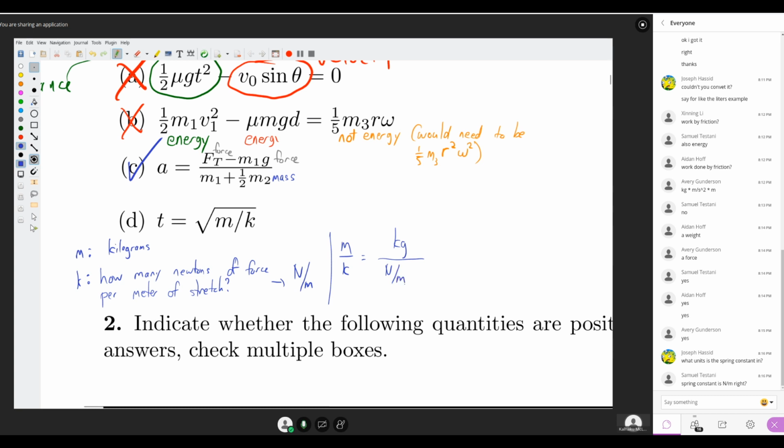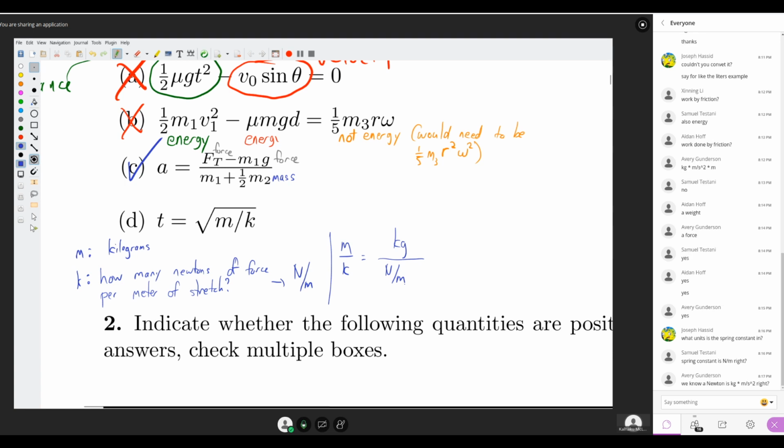Now, do we have a way to simplify this? Well, we need to know what a newton is. Now, how do we figure out what kind of dimensions a newton has? Well, we know force equals mass times acceleration. Yes, exactly, Avery.